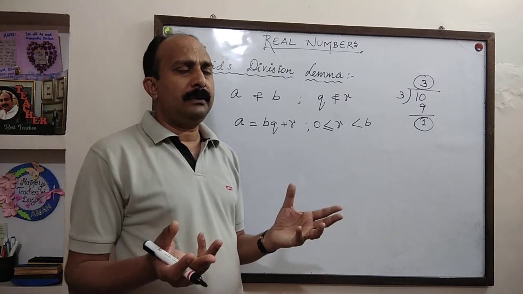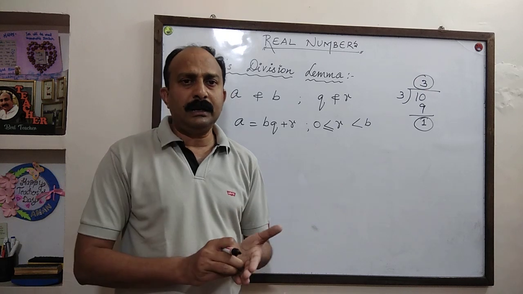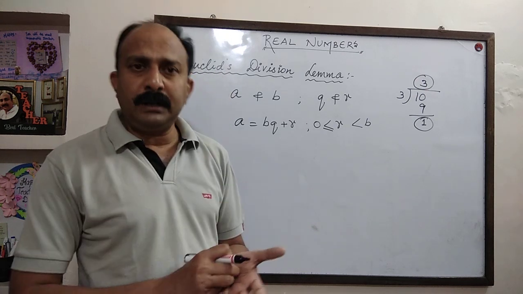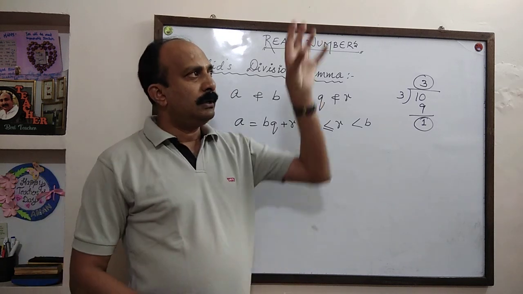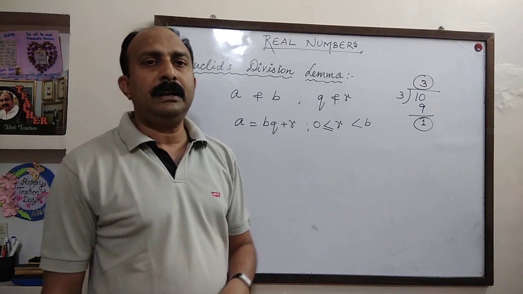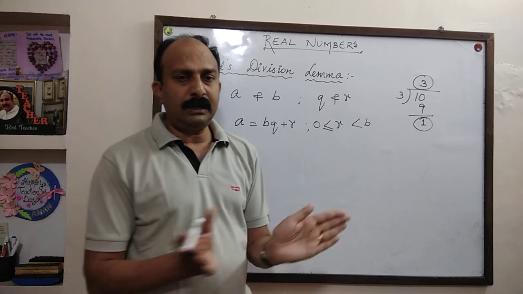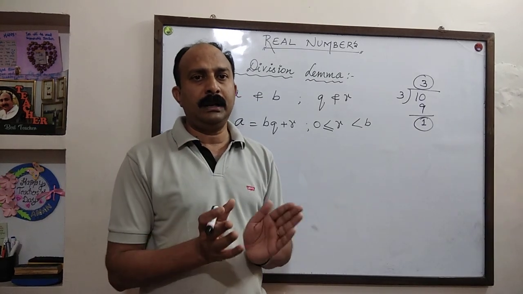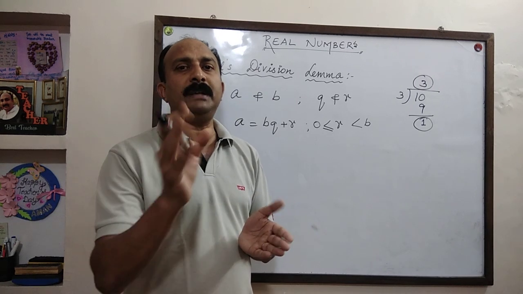So if you take any two numbers, and take the larger number and divide it by the smaller number, you will get a definite answer as quotient and a definite remainder, q and r. And there is a relation between all the four, and the relation is dividend is equal to divisor into quotient plus remainder.